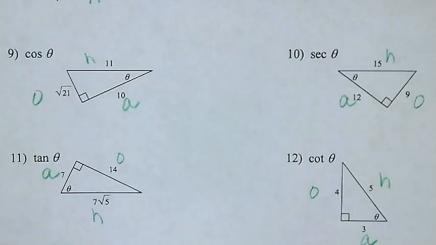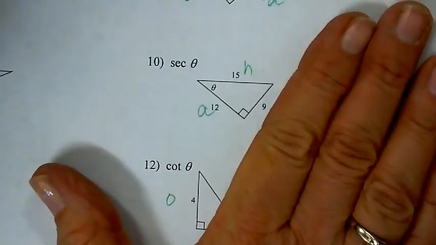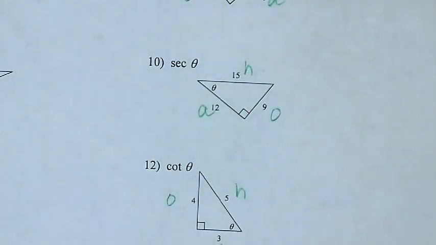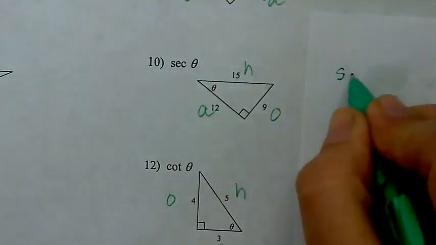Okay, let's look at number 10. On number 10, it's asking for the secant of theta. So back to our definitions.